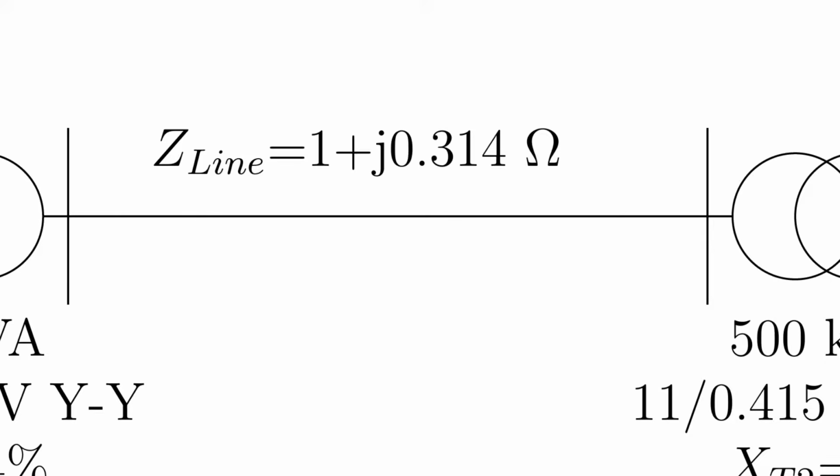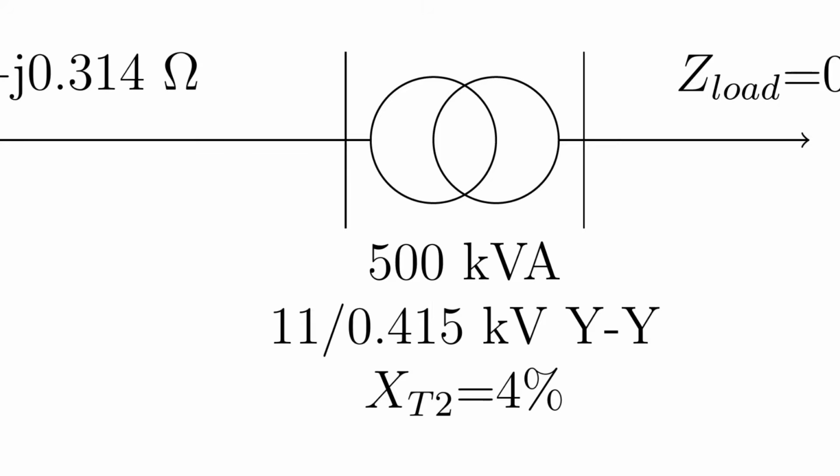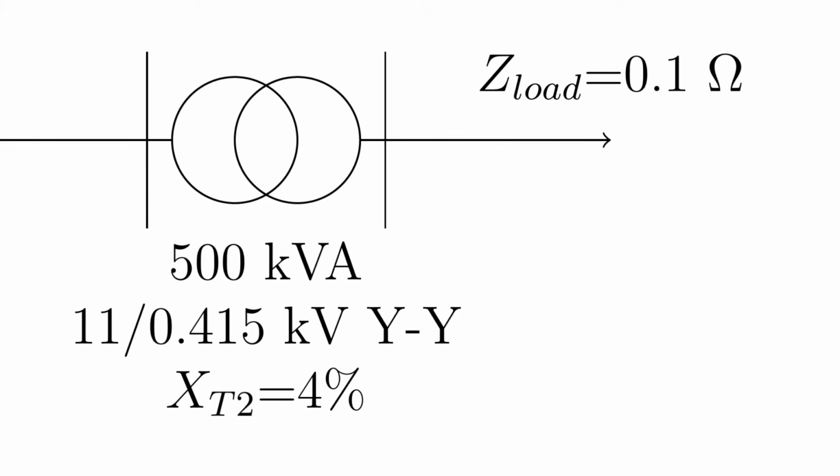Then we have a transmission line with impedance 1 plus J0.314, which connects to our second transformer, which is a step down 11 kV to 415 volt transformer, also with an impedance of 4%. Then we have a three-phase load of 0.1 ohms.